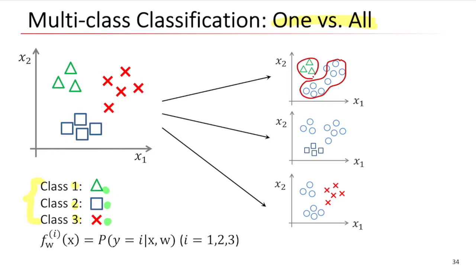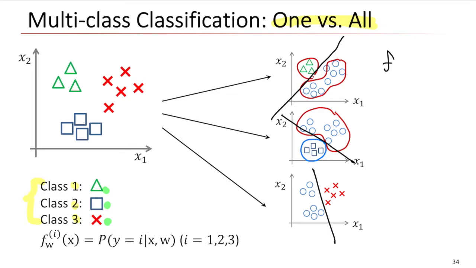Then we can find the decision boundary that looks like this, right? And in another case, if we think of these samples as positive and the remaining samples as negative, we can find the decision boundary like this and like this.